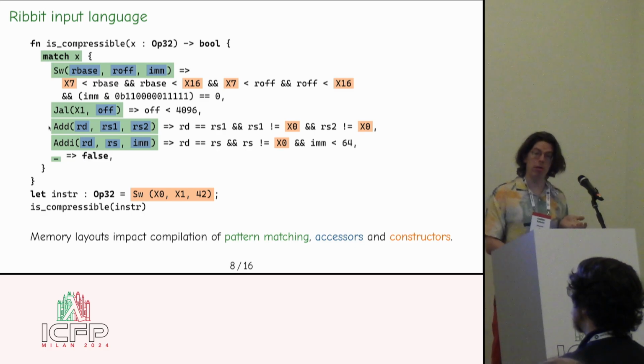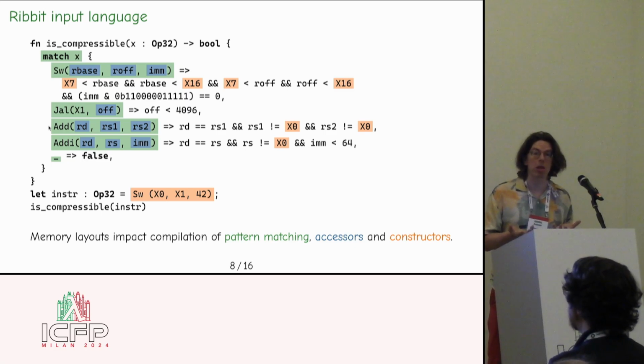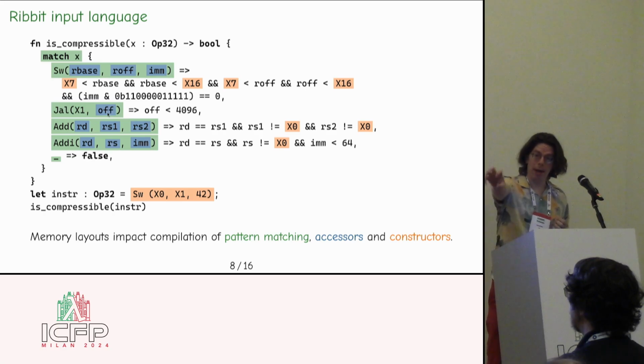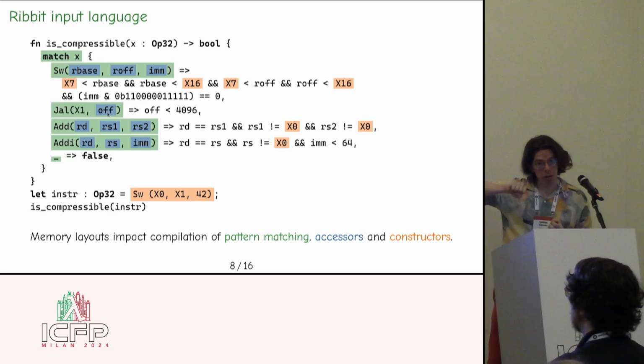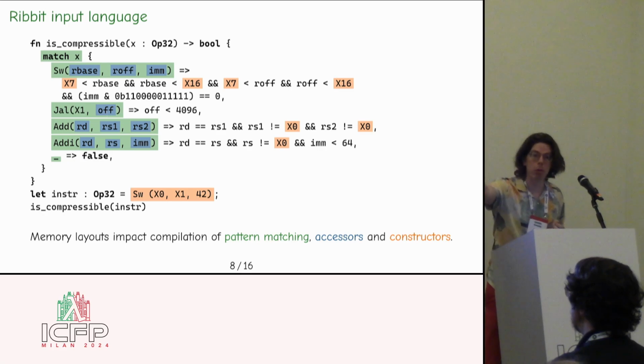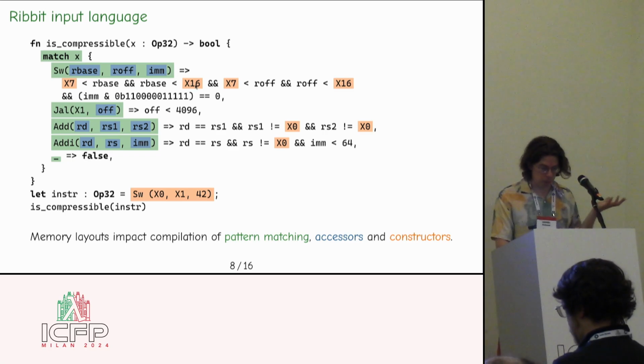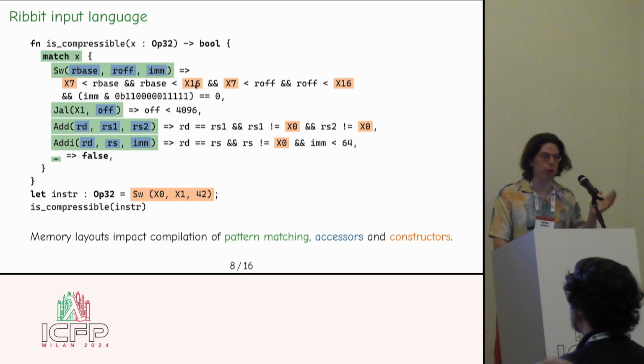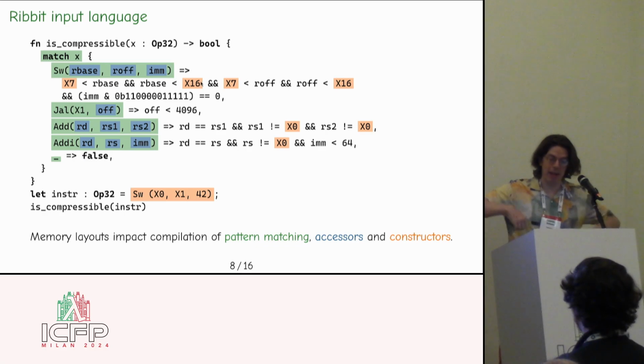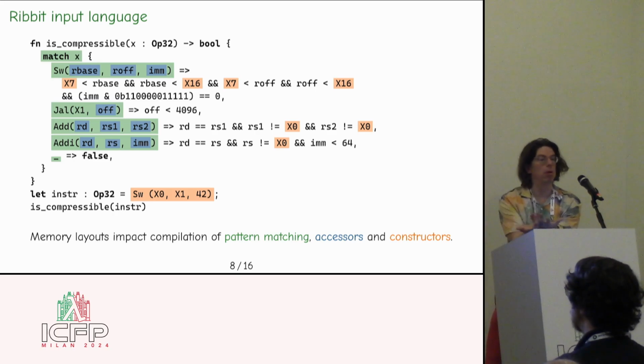The green part is the pattern matching aspect, so I'm going to have to compile my pattern matching so that it works. The blue bits are where I'm going to take pieces inside the representation, so I have to be able to extract those pieces and use them. The teal, I don't know what the color is in English, represents constructors, which means that I have to be able to construct values, of course.